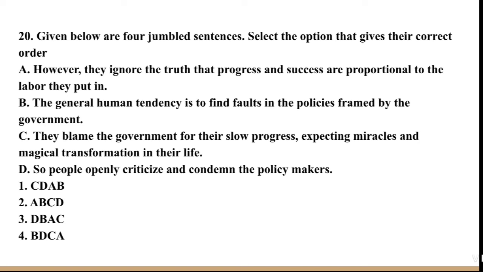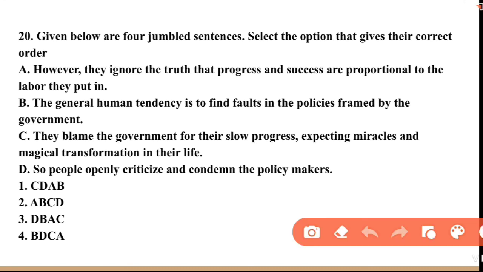"However" would not be the opening line, because a passage or an argument cannot start with "however". The general human tendency is to find faults in the policies framed by the government. I think this is the first line.